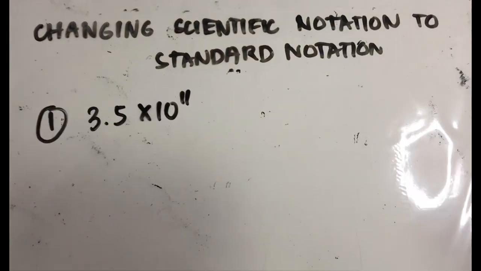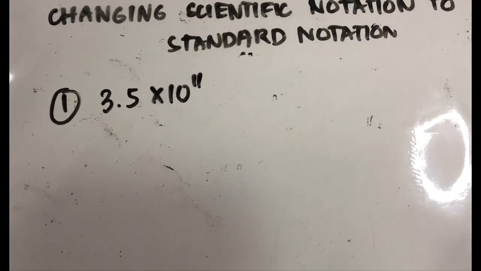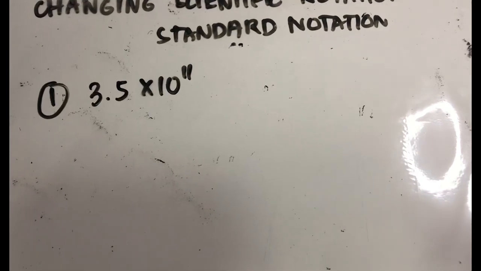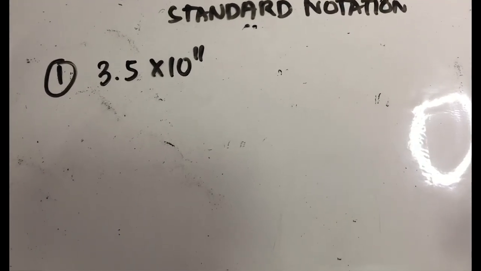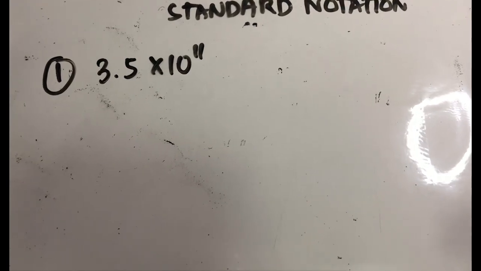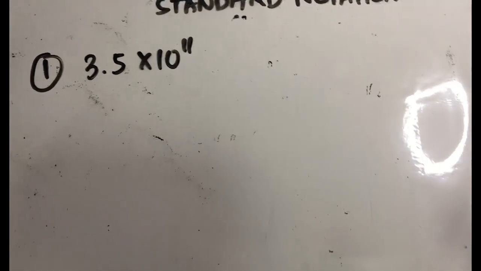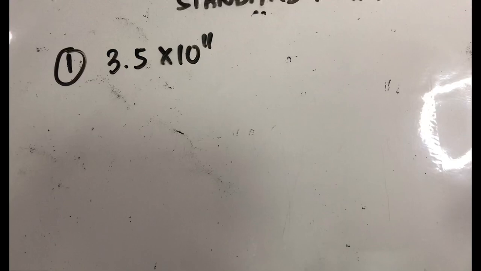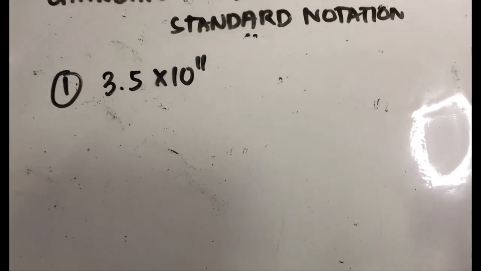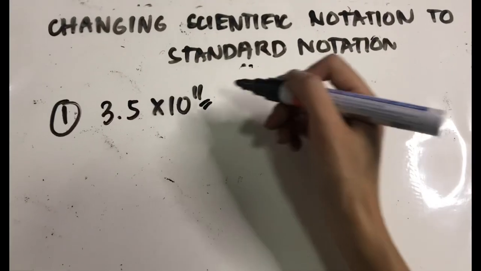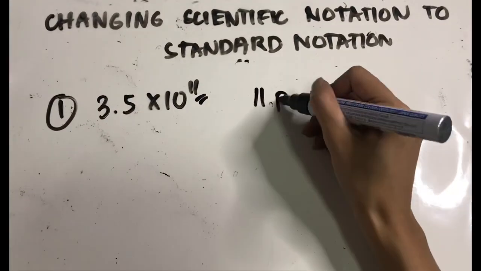For example number 1, we have 3.5 times 10 raised to 11. In changing scientific notation to standard notation, we have to move the decimal point in the first factor to the number of places indicated by the exponent of the power of 10. What is the exponent? We have 11. So we have to move 11 places.